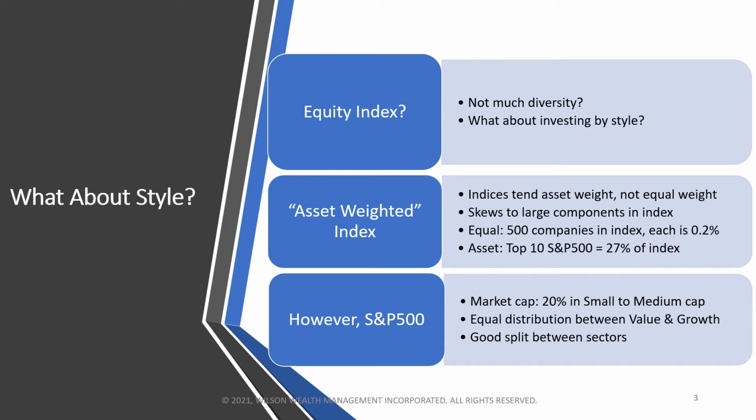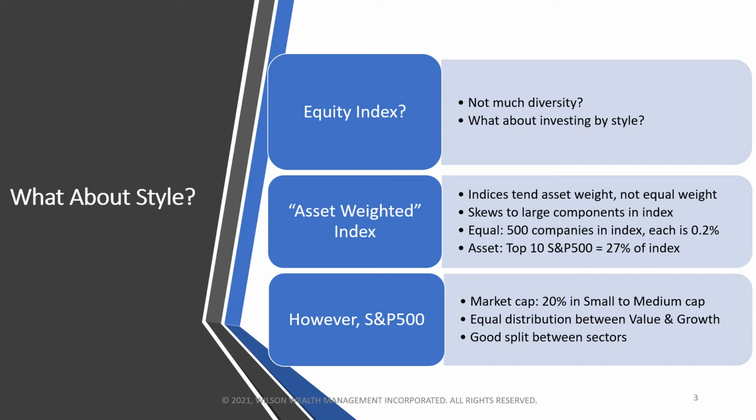But even then, if we look at the S&P 500, you want to invest by market capitalization? 80% of the S&P index is invested in large and mega cap stocks. But there's still 20% that's in the smaller, the medium to medium large, even down to small cap.